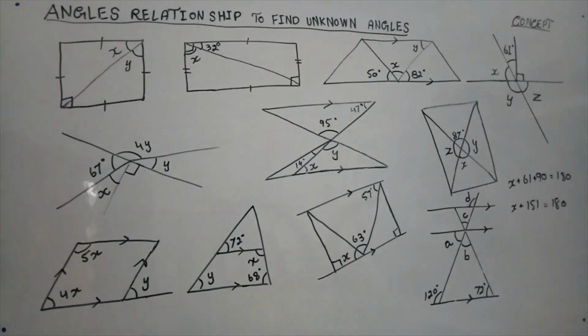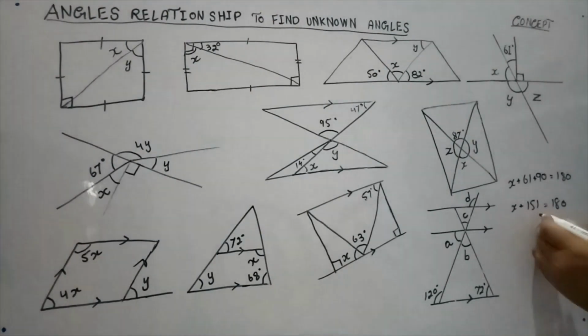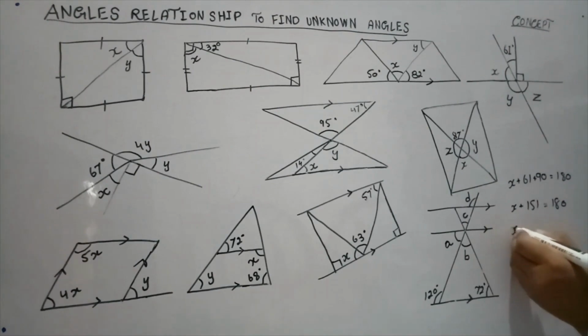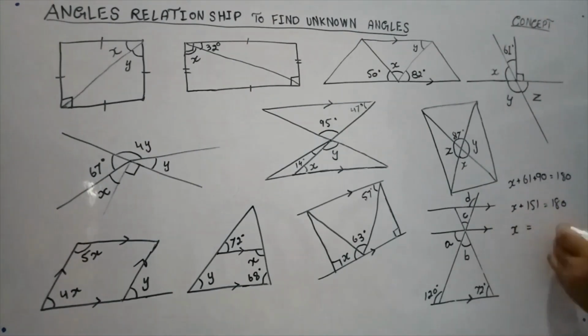Now if I subtract 151 from 180, just like that. If I subtract 151 on both sides, here we are left with x, and here we have 180 minus 151.